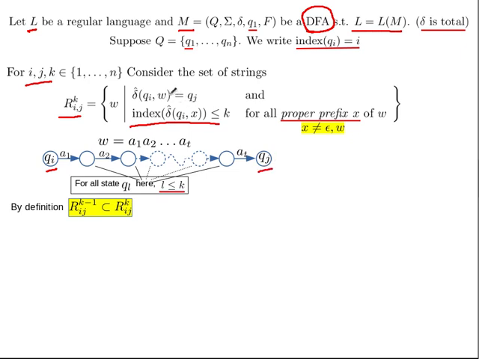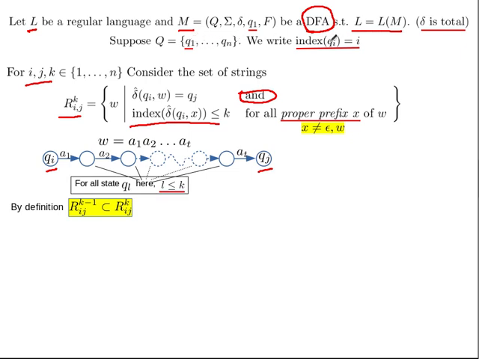This is one condition, and you must also satisfy this other condition, that is, the index of any intermediate nodes, and by index I mean just this: the index of state qi is i. You remember that the states are q1 up to qn.